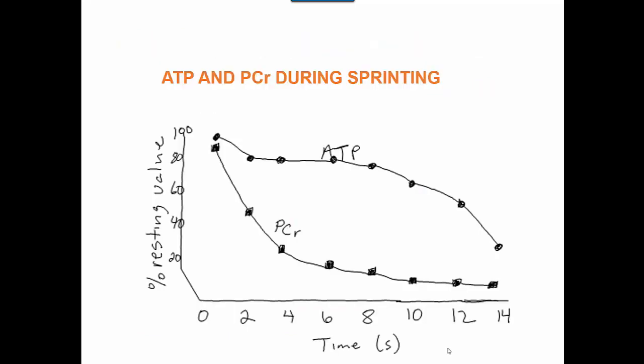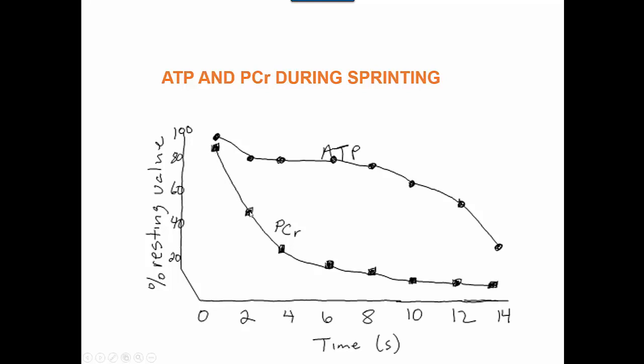And this is exactly what we have here in this slide. We've got the ATP concentration and the phosphocreatine concentration during that all-out sprint. So think about this. Let's say we've got ATP here at 100% of resting value. That's what you have on this axis, and then time here at the bottom axis. Let's say we're at 100% here for stored ATP and stored phosphocreatine.